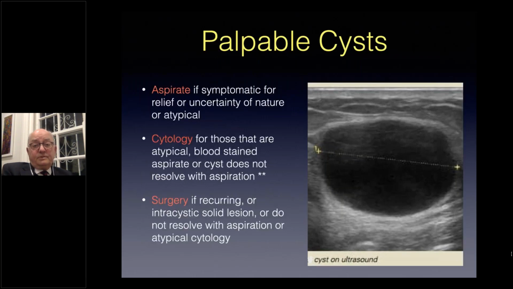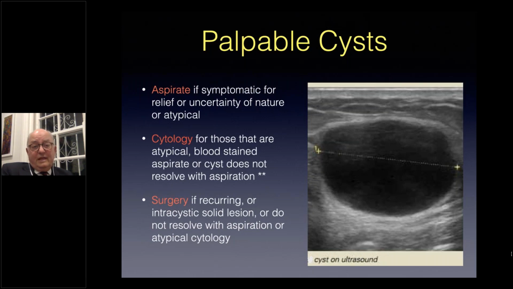What about palpable cysts? What about those cysts which come along and they've got a new lump? Well, who do you aspirate and who don't you aspirate? First of all, if I see a patient and it's the first time that they've come with a palpable lump, even if the breast imaging suggests a simple cyst, I will aspirate it.